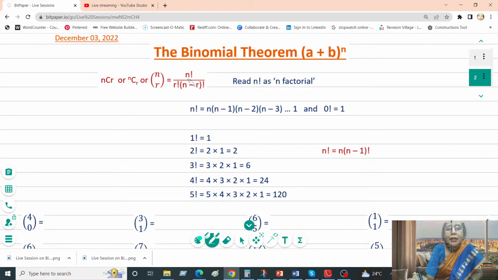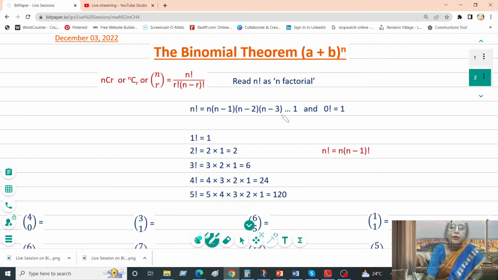And what is n factorial or r factorial? n factorial is n times n minus 1 times n minus 2. It just goes on decreasing in steps of 1 up to the point when it reaches 1, and it stops when it comes to 1. And the value of 0 factorial is 1.